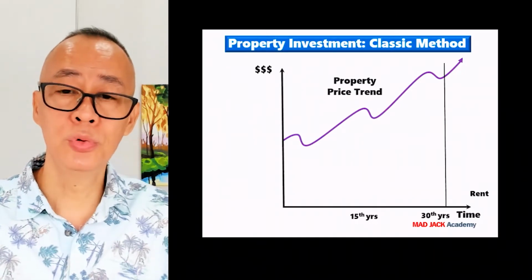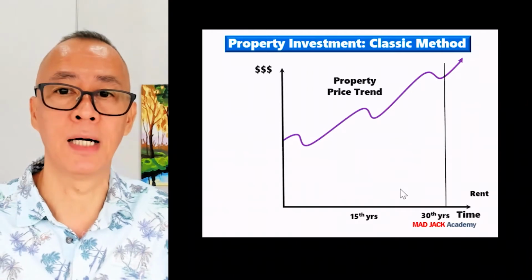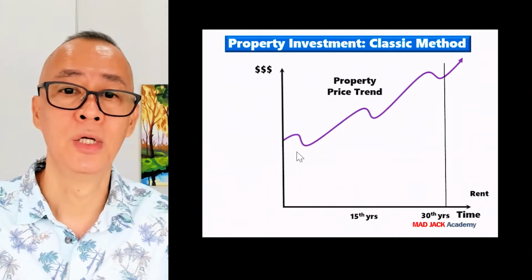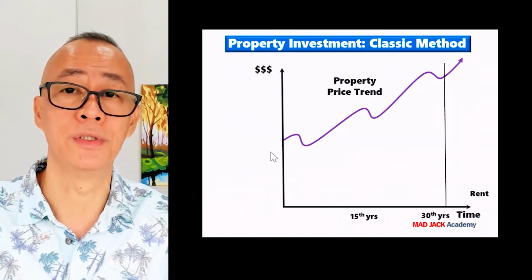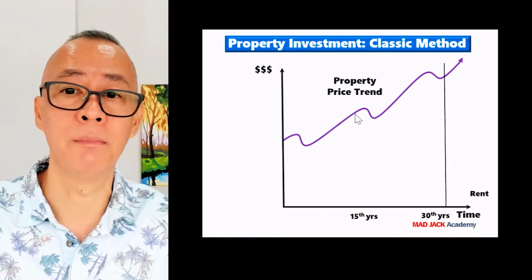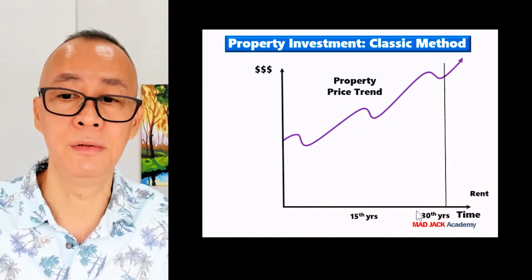Now, to appreciate the 4 C's of passive income, I need to explain this in terms of the property price trend. What I'm trying to show you on the chart just now is to prove to you that property prices will go up in a big way over a period of say 15 to 30 years.